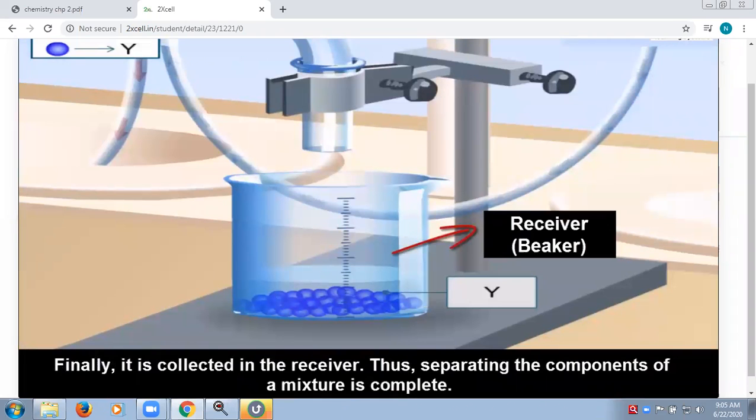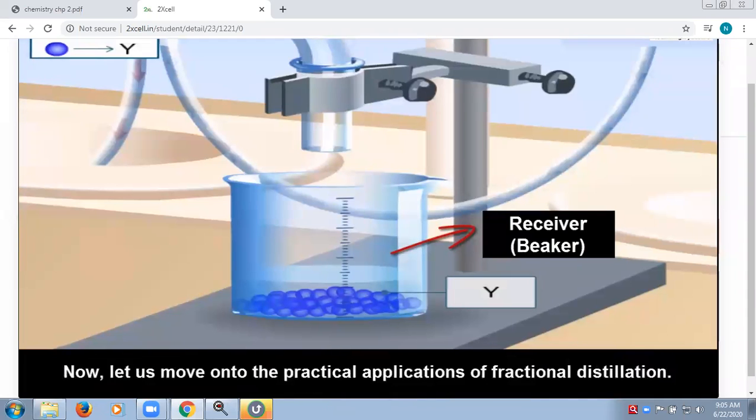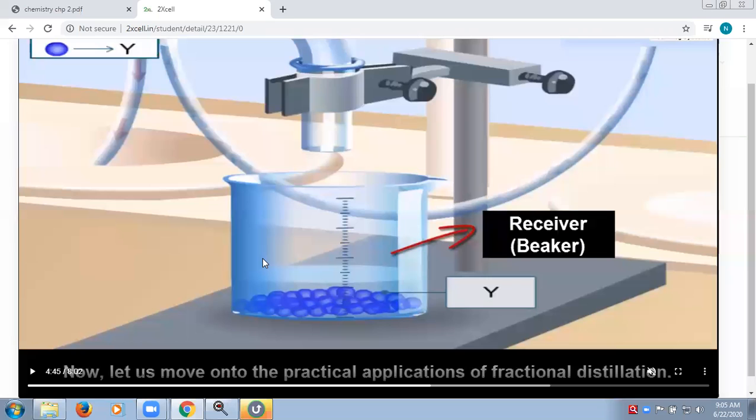If we have more components, then with the thermometer we will be continuously able to see that yes, this substance's boiling point is already reached. So we'll separate that, and then another component, then again the next one. In this way, we can get the different components of a miscible mixture.